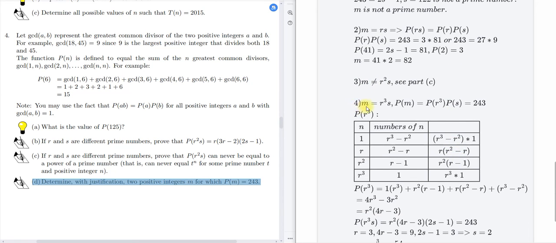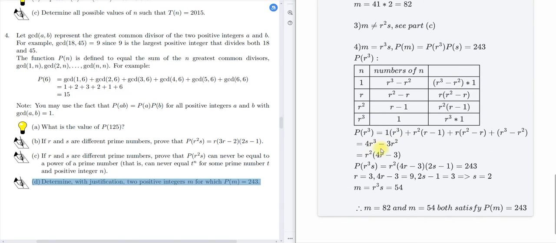Let's see this possibility. m equals r cubed times s, which means pm equals p r cubed times ps equals 243. Let's calculate p r cubed.